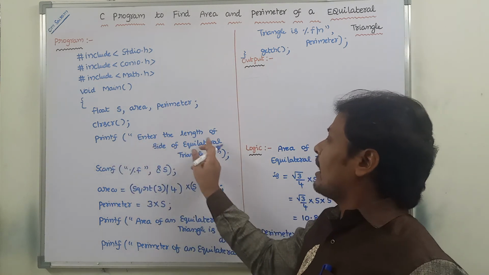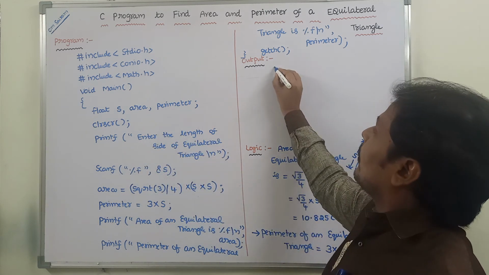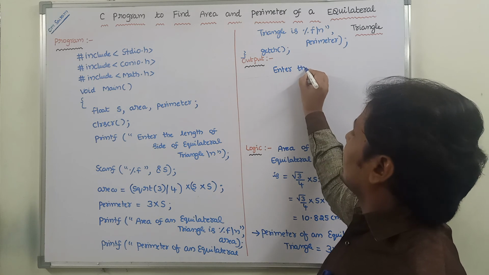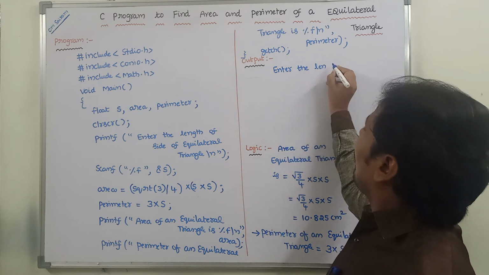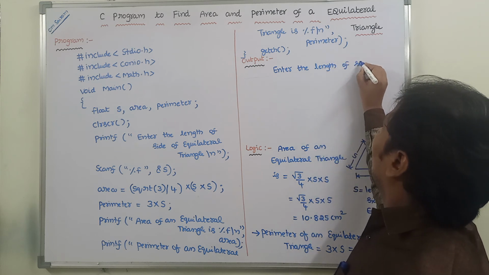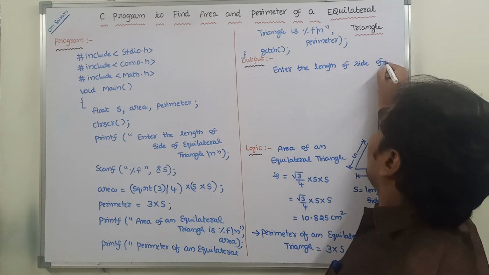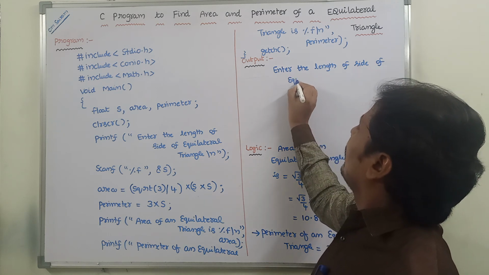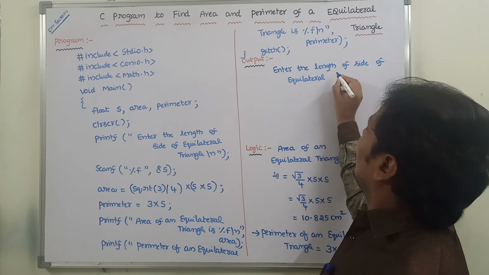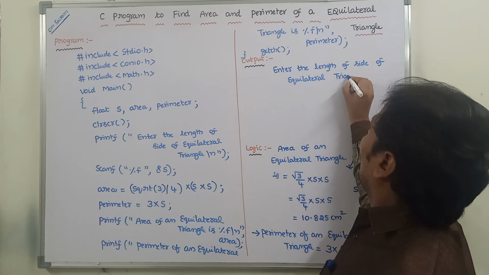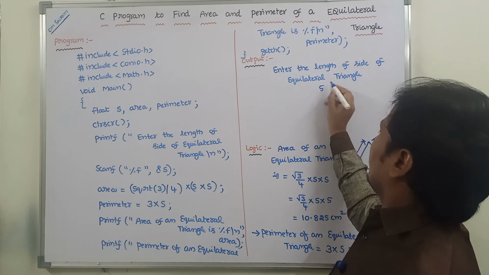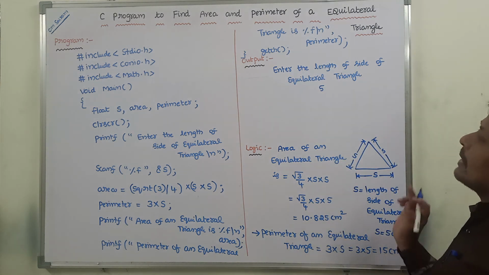First, this statement is printed: enter the length of the side of the equilateral triangle. Here 5 centimeters is given from the keyboard.